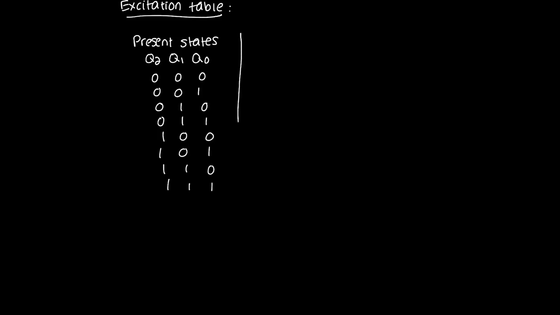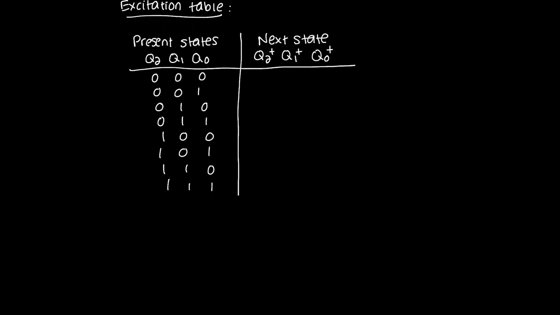And then I'm going to write out what the next state is going to be after the transition. I'll represent the next state with this little plus superscript on top of my Q's. What do I mean by that? If my present state is 0, I want my next state simply to be 1.